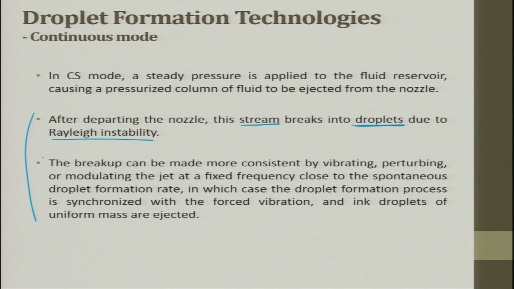Very important point, and a lot of research is going on in this area. So, a stream breaks into droplets due to Rayleigh instability. Then you can also vibrate, perturbate and modulate the jet at a fixed frequency close to the spontaneous droplet formation.